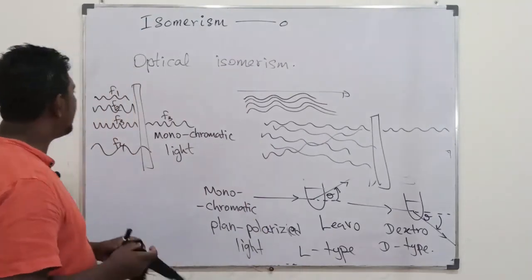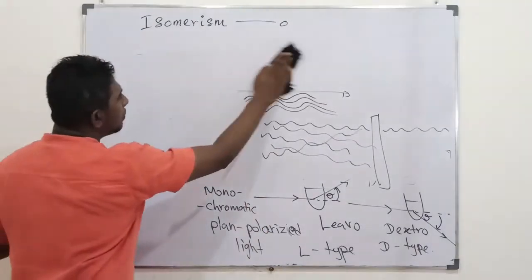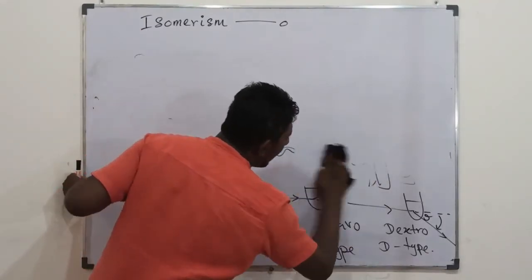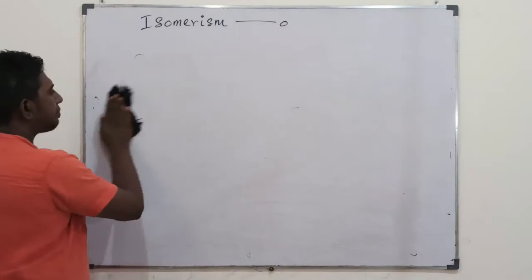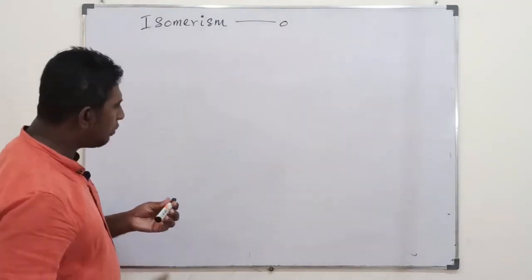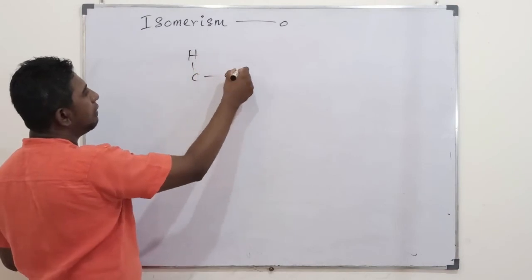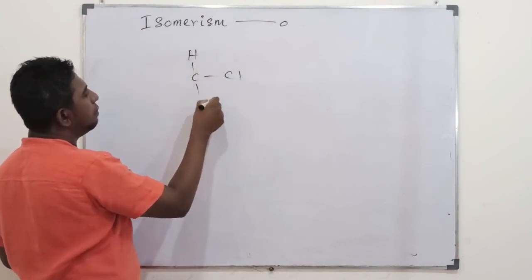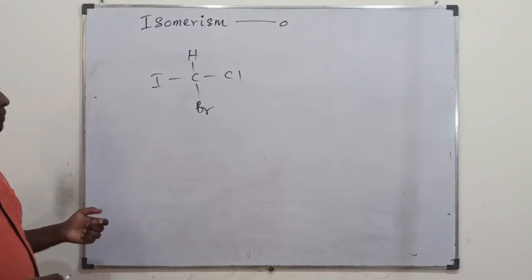Then students, further regarding optical isomerism, just assume that you have a molecule like this: one is hydrogen, another one is Cl, another one is Br, another one is I. I'm just giving you an example.